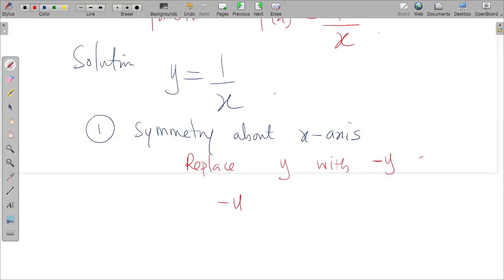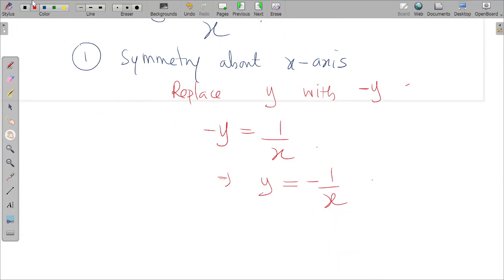Then we have negative y equals 1 over x, and that implies that y equals negative 1 over x. So we can see that this is not symmetric about the x-axis. No symmetry about the x-axis.